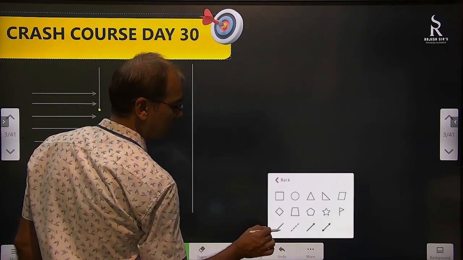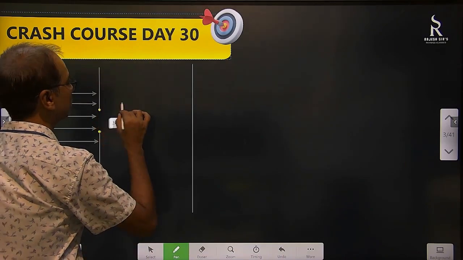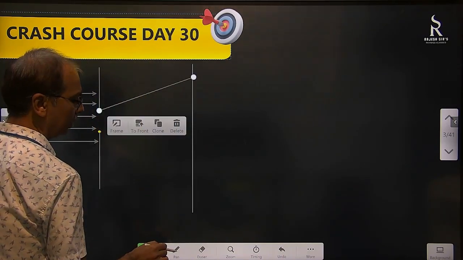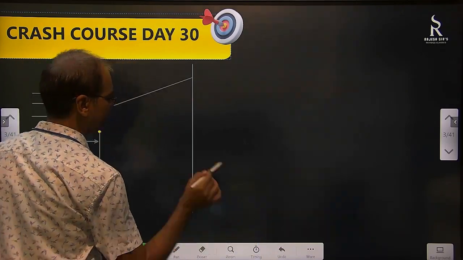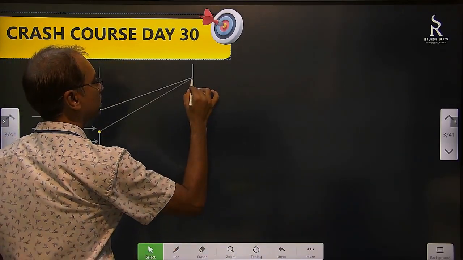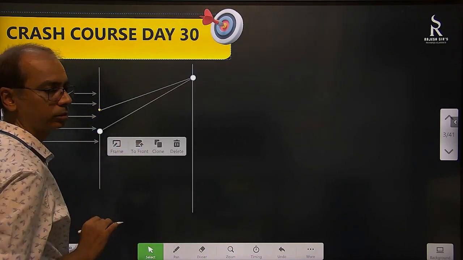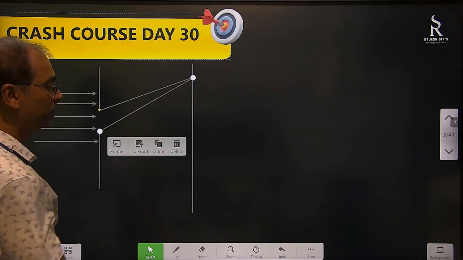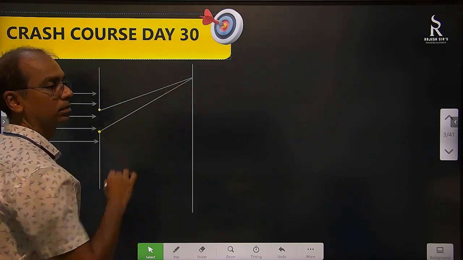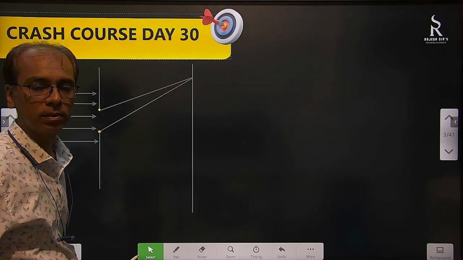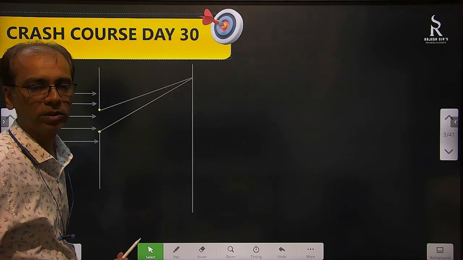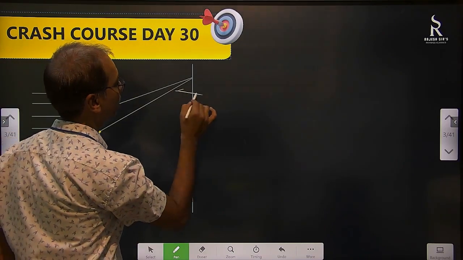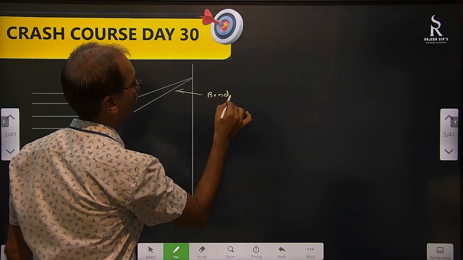So the rays are going to interfere. Maybe suppose this is the point. You can see that there is a certain path difference for interference. So there will be a certain intensity developed because interference is happening. So this is bending of light.